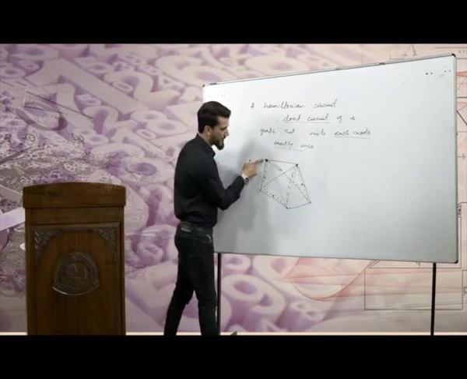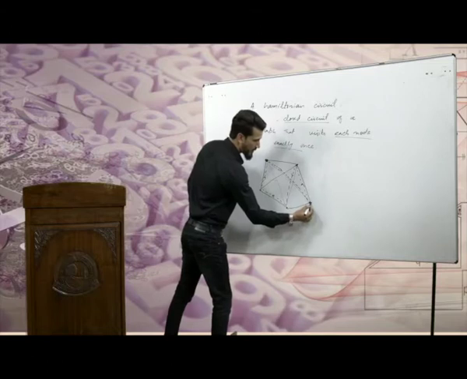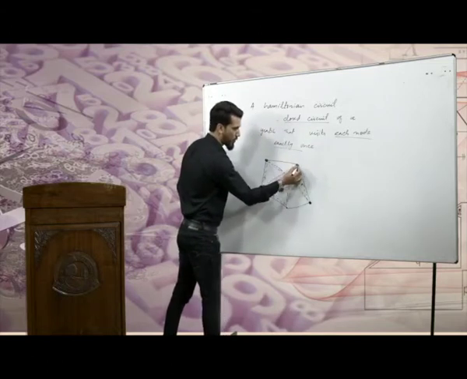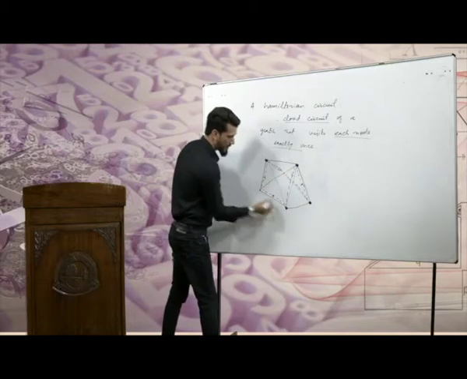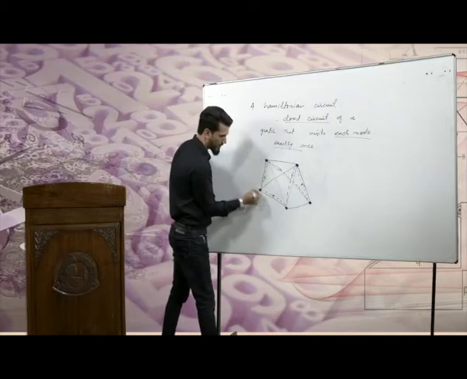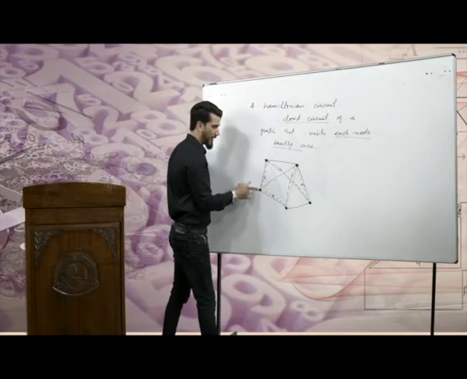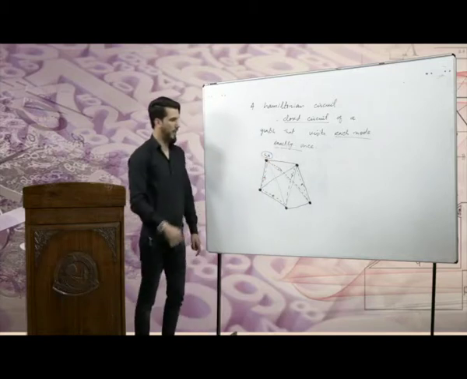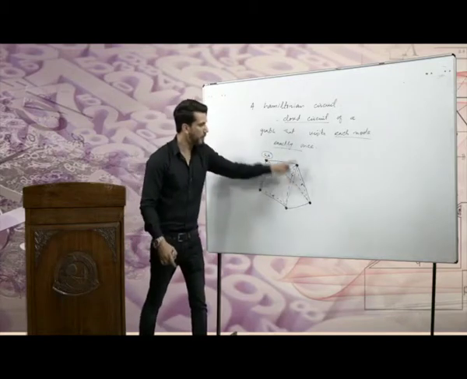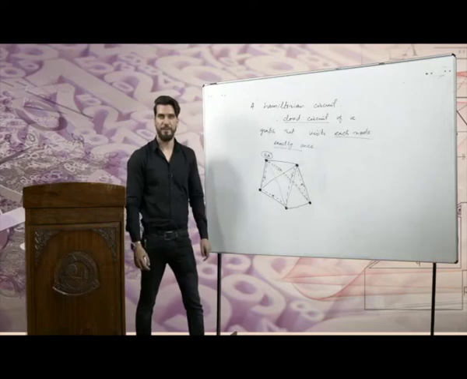So this node is visited once, then this node is visited once, then this node, and this node, exactly once. This node is visited once, and at the end we are returning to the starting point. So starting and ending point both are the same, and this covers our Hamiltonian circuit.